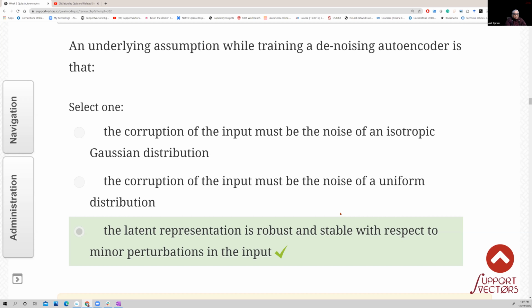See, autoencoders are great when they work. Training them has always been a bit problematic because they can lead to instability in the representation, which is why you need to put in things to make them more robust.